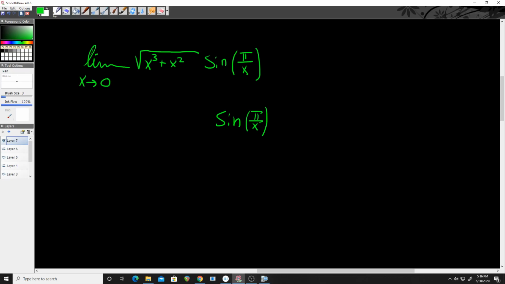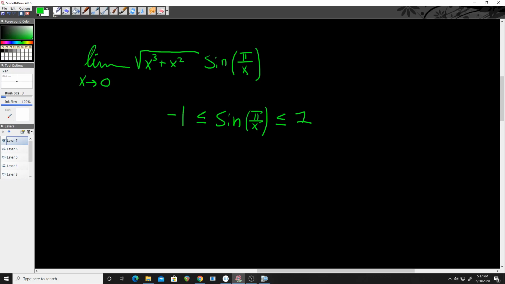We know that the maximum that this can be, the sine of pi over x is always less than or equal to positive 1. It's a trig function. It's a sinusoid. Sine and cosine are bounded by negative 1 and 1. And likewise, it's going to be greater than or equal to negative 1.